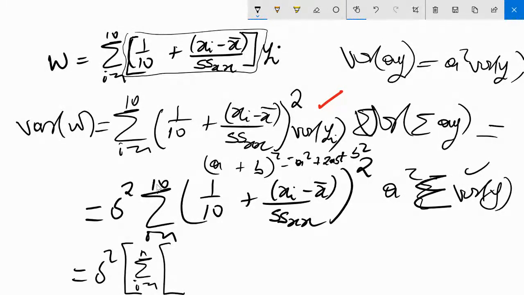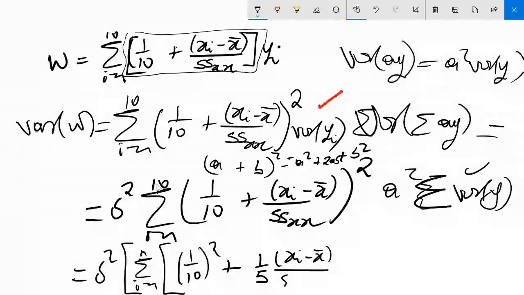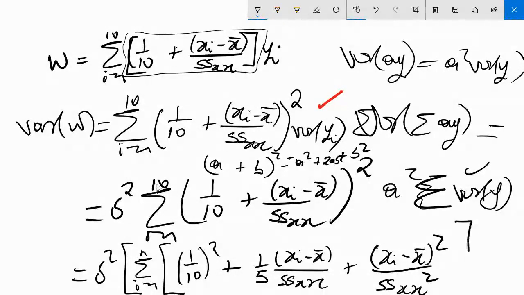It means we're going to have 1 over 10 squared, plus 2ab. So it's going to be 2 multiplied by 1 over 10, and that will be 1 over 5, multiplied by xi minus x bar, plus our b squared. Our b squared is xi minus x bar squared divided by SSxx squared.